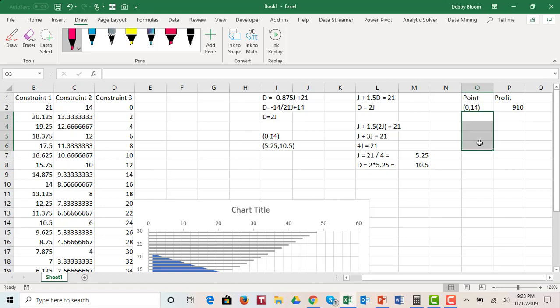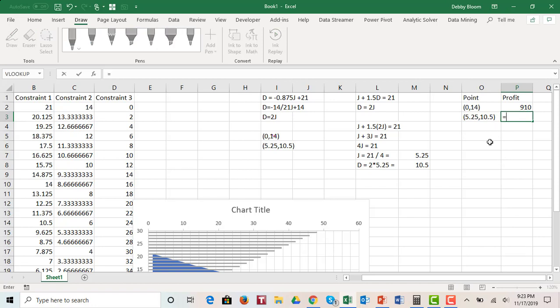Now we have our second point, 5.25 and 10.5. Let's calculate the profit for that point. Our profit for that point equals 5.25 multiplied by 50.